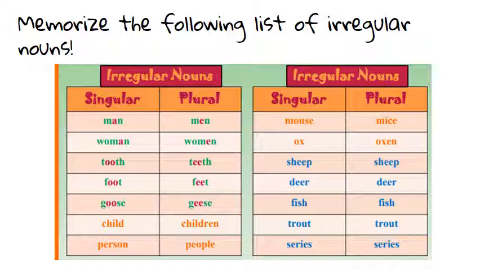Person, people. Mouse, mice. Ox, oxen. Sheep, sheep. Deer, deer. Fish, fish. Trout, trout. Series, series. So guys, you have to memorize the list of irregular nouns.